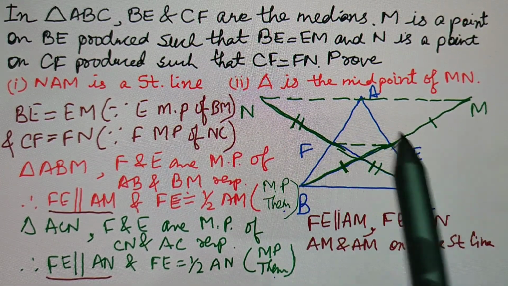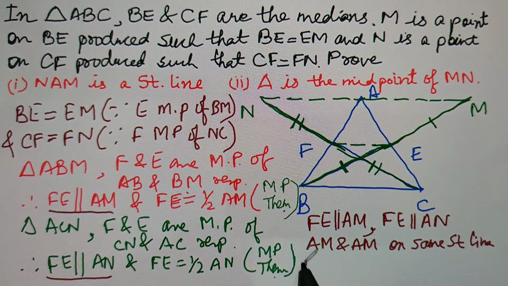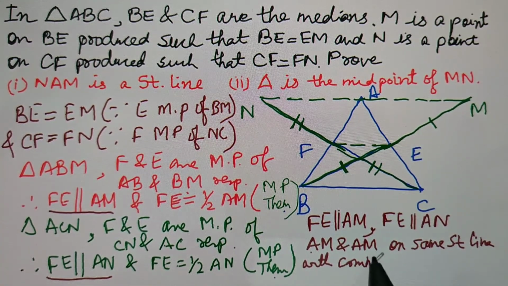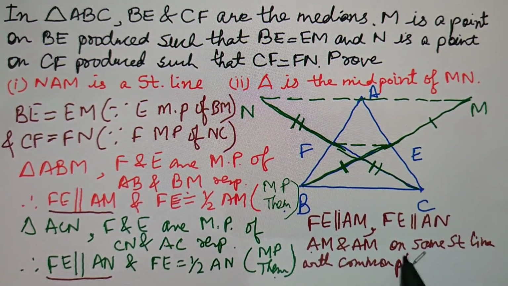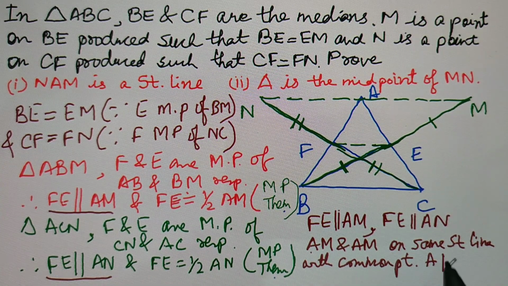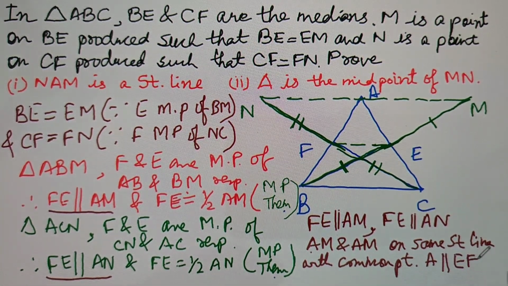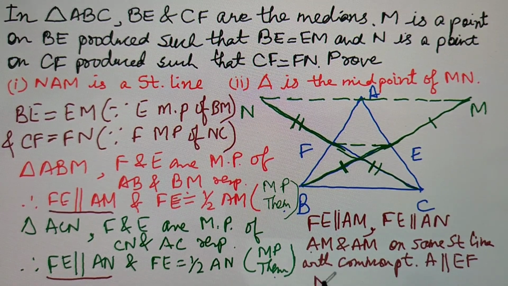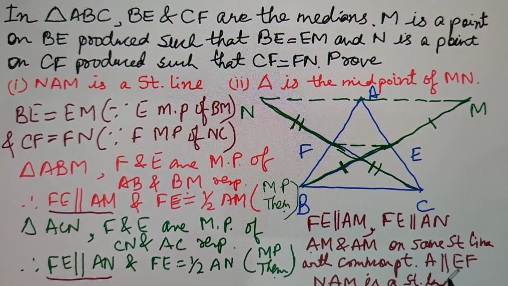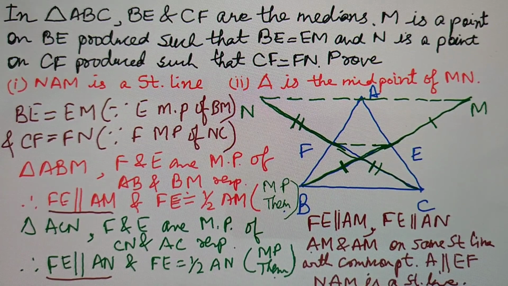They are lying on the same straight line with a common point. Now what is the common point? The common point is A, and they are all parallel to EF. Now this concludes that NAM is a straight line. So this is the first part of the question.